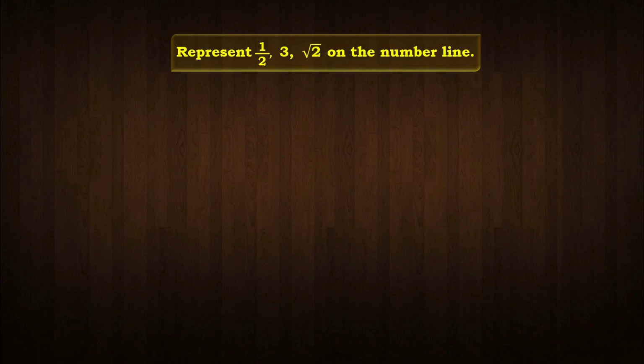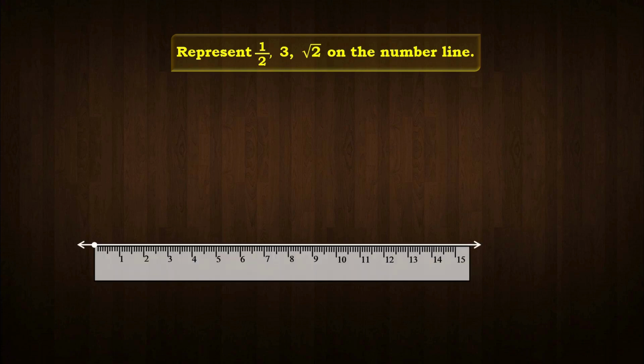Now let us see how we are going to represent 1 by 2, root 3, root 2 on the number line. They should be root 3 and root 2 because 3 we know already how to represent in the number line. So first we will draw the number line.